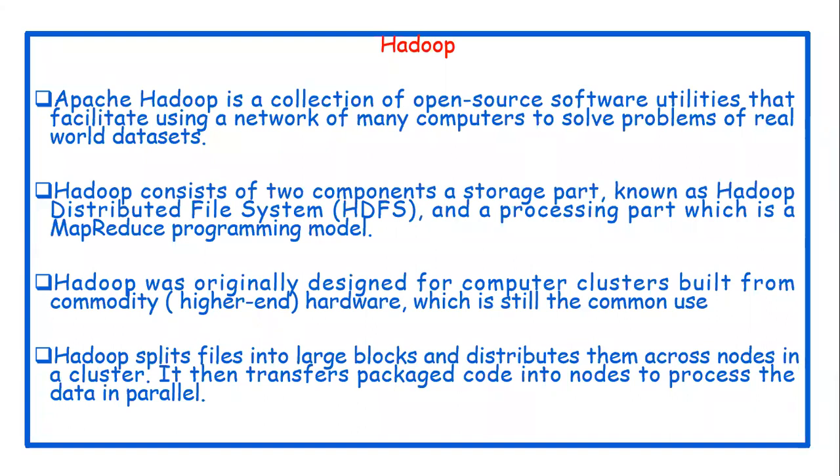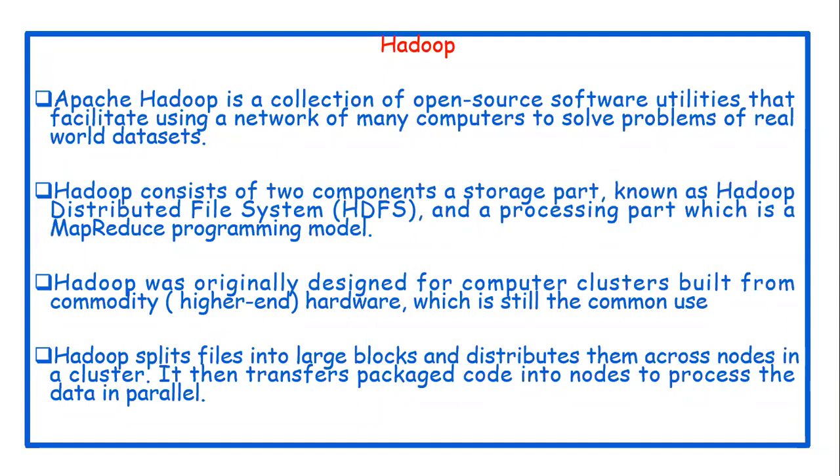But in this scenario, such a cluster is designed based on commodity hardware. Commodity hardware means a machine. A number of machines will form a cluster, a particular network. Across those machines, we execute the map and reduce program. Then the things will happen.